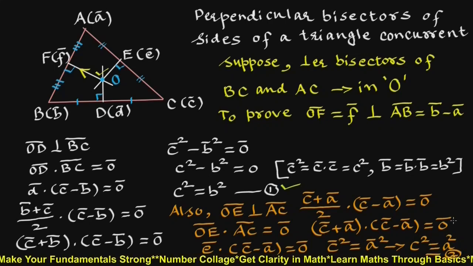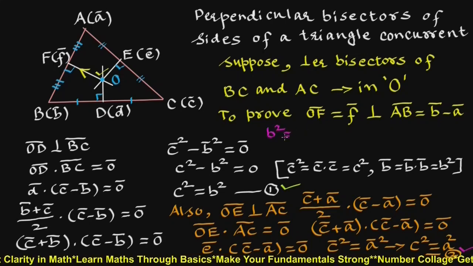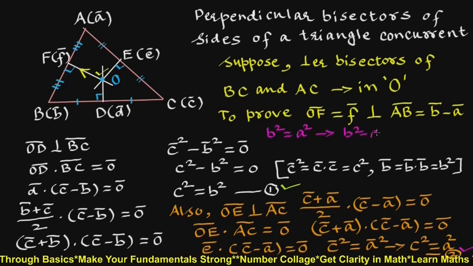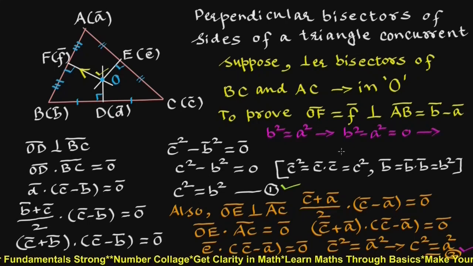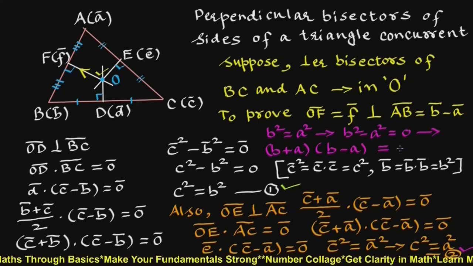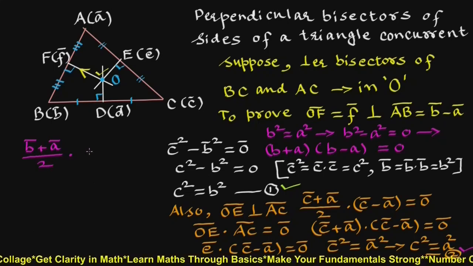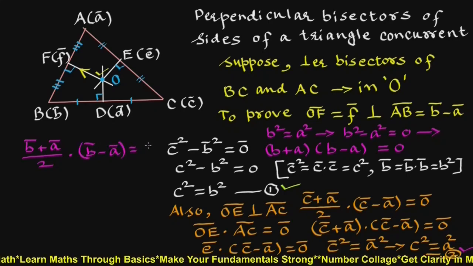Now from this 1 and this 2 we get b square equals a square, that is b square minus a square equals 0, which is (b plus a) into (b minus a) equals 0. That will be (b bar plus a bar) upon 2 dot (b bar minus a bar) equals 0 vector.